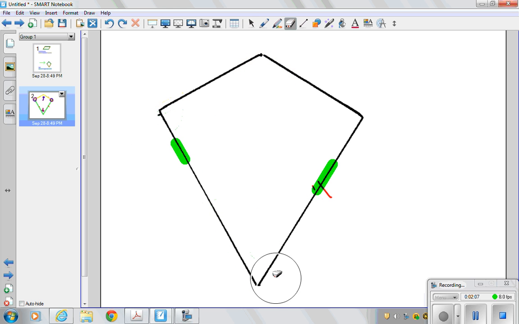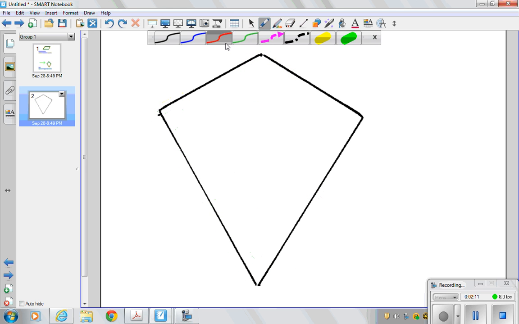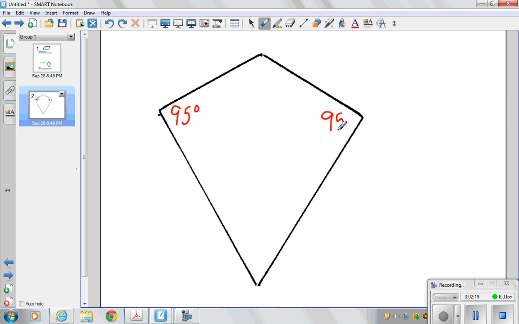Let's play the what-if game for a second and say if this angle right here was 95 degrees, then this angle here would also be 95 degrees. Now this angle down here and this angle down here could be anything, but all we do know is they're not going to be the exact same. But of course, as you know, when you add all four angles up, you'll get 360 degrees.